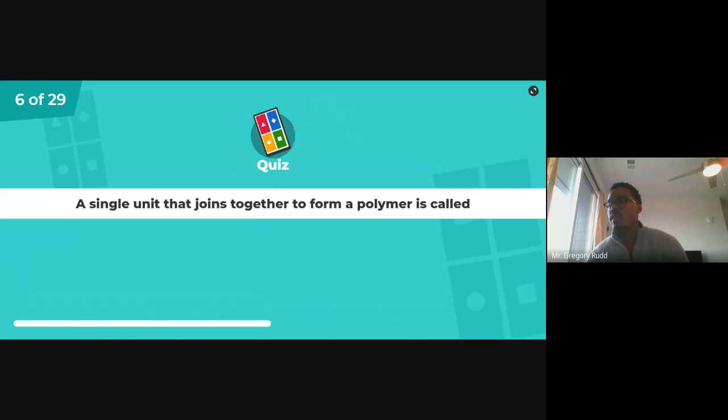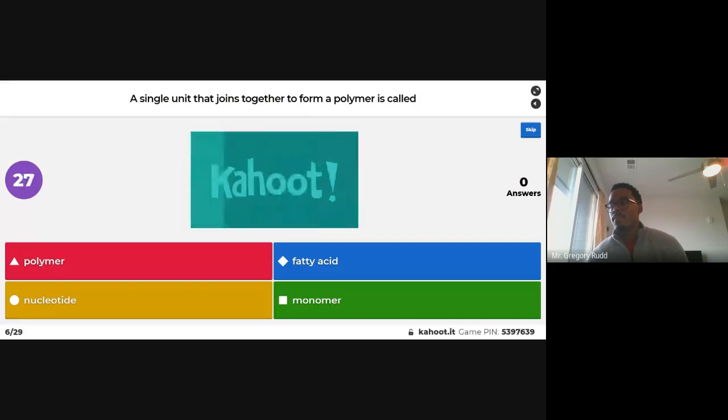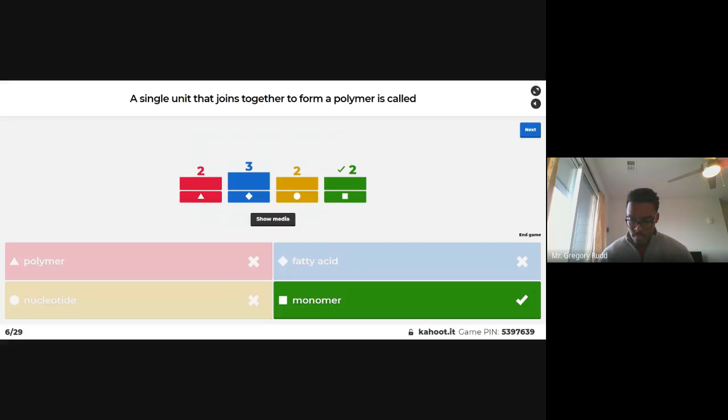A single unit that joins together to form a polymer is called a monomer.